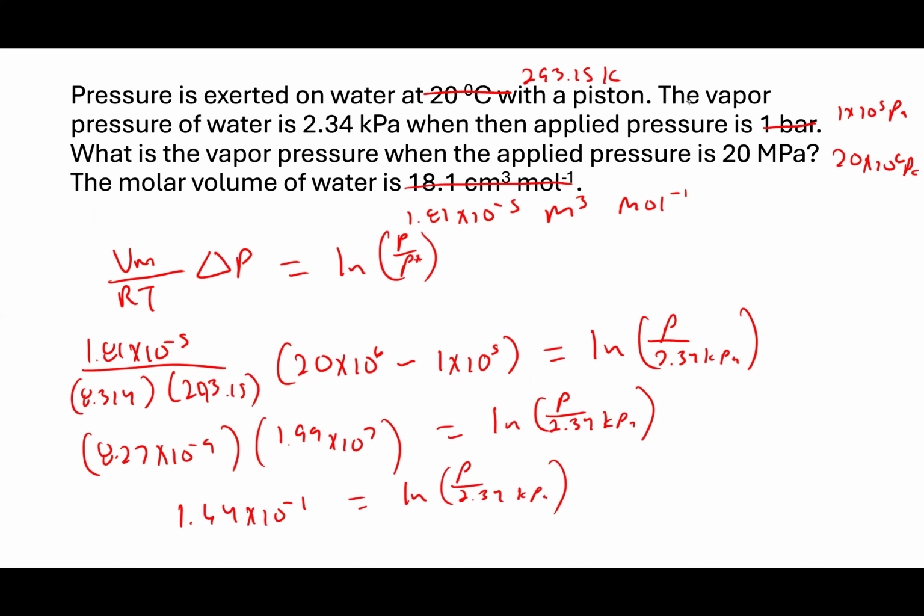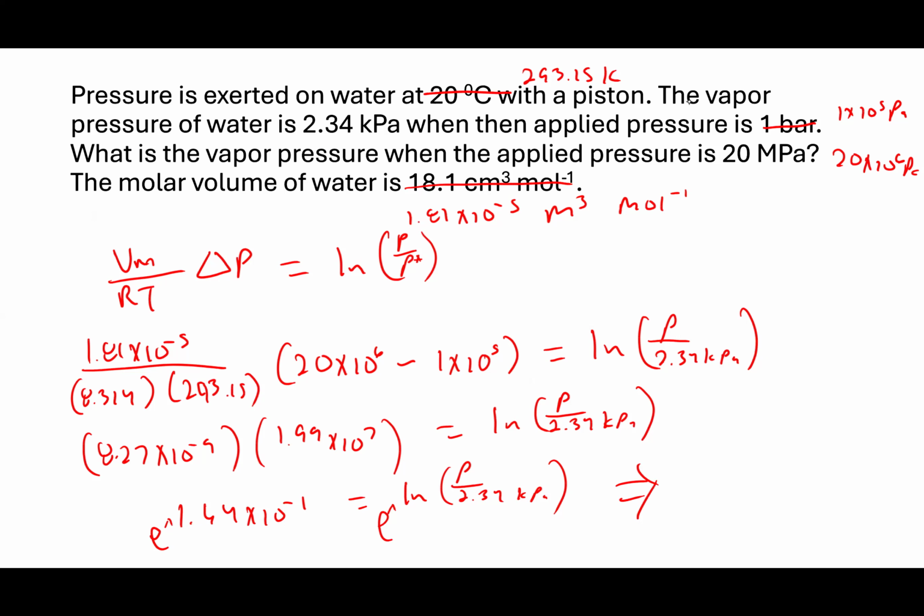And then from here, we would need to take E to the power of both sides. If I do E to that and E to that, that'll cancel out the natural logs.